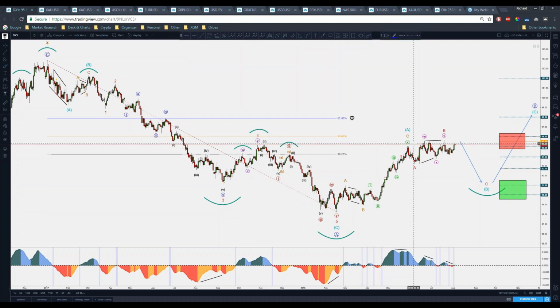On the dollar index, I see this as a possible corrective structure in an intermediate B wave correction. In other words, this could commence a bearish impulse. However, this structure could also reflect some sort of triangle formation, which would be a continuation pattern for further upside.